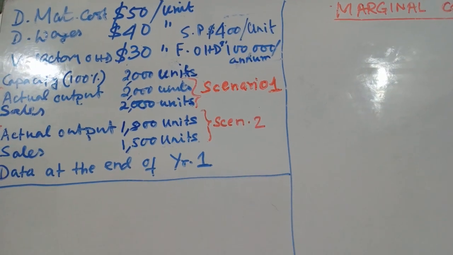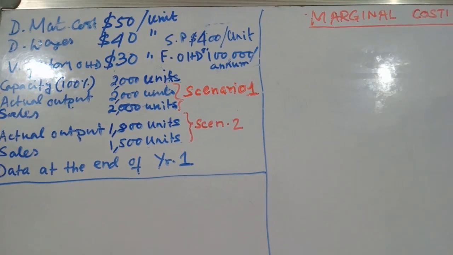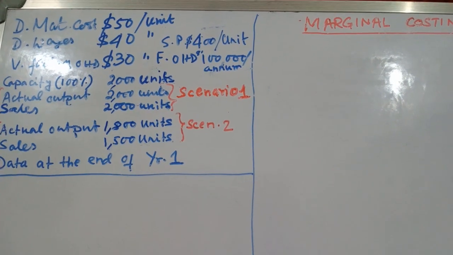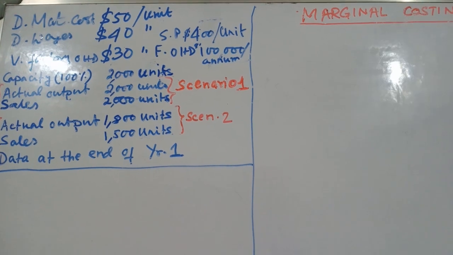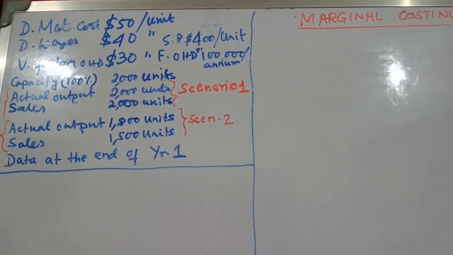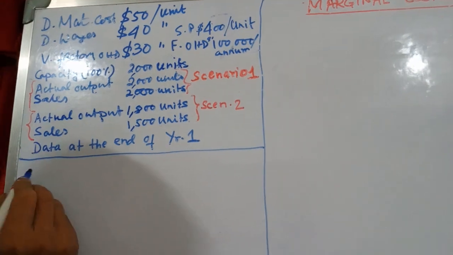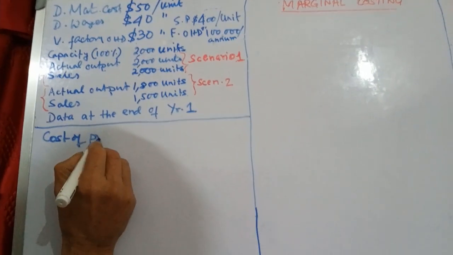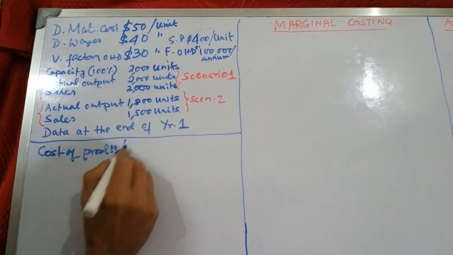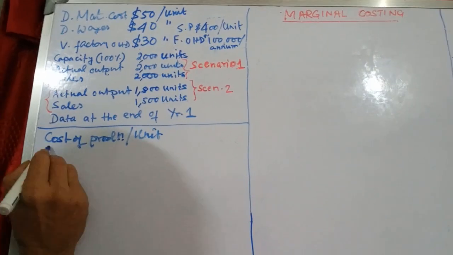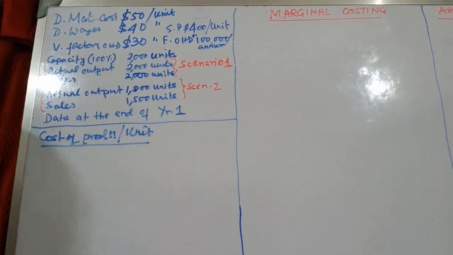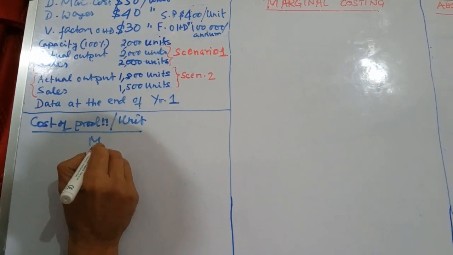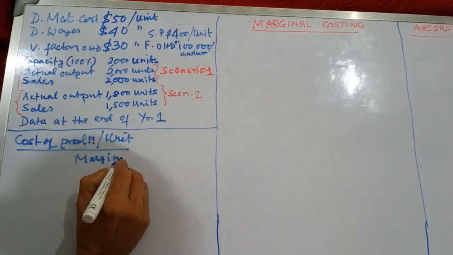Correct? So first we shall find out the cost of production per unit under marginal costing and absorption costing. First we are doing marginal costing.